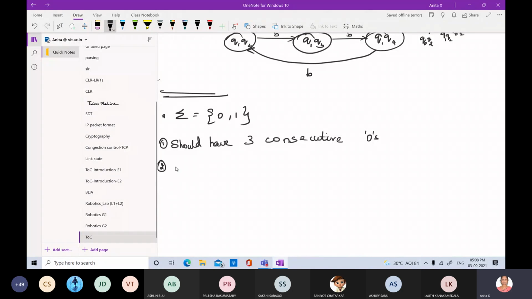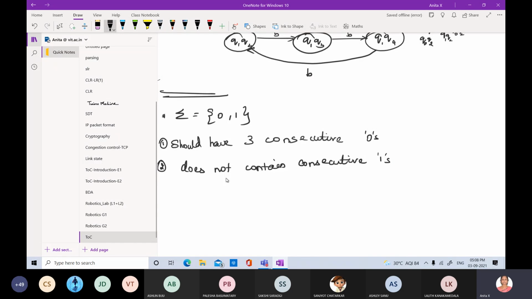The next is does not contain consecutive ones. So the first question is 3 consecutive zeros should be there in the string.